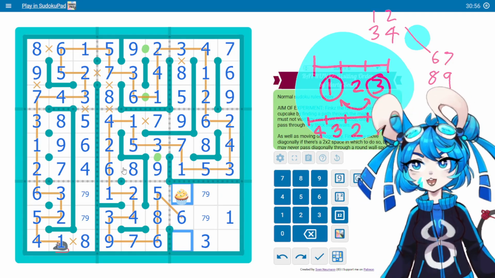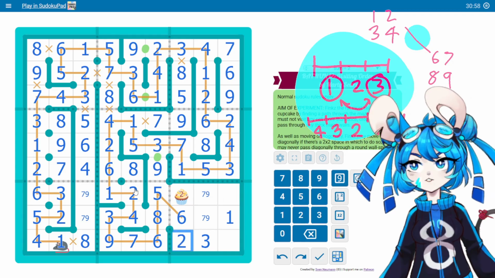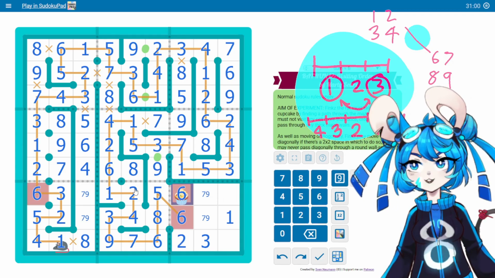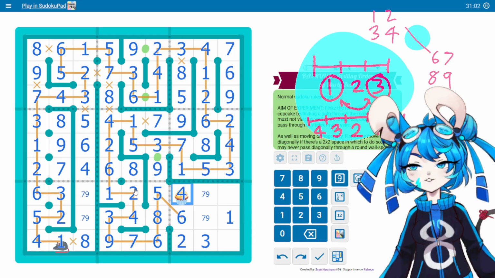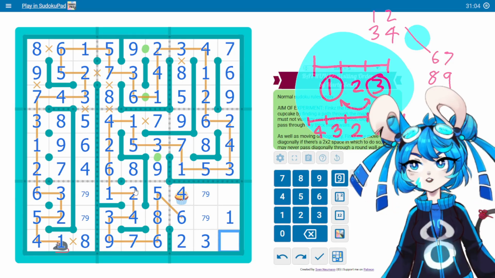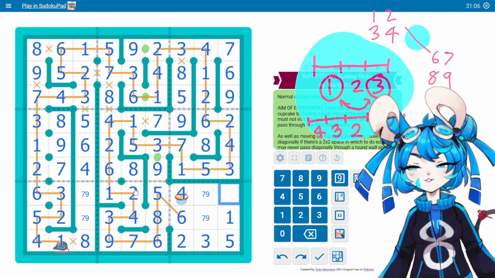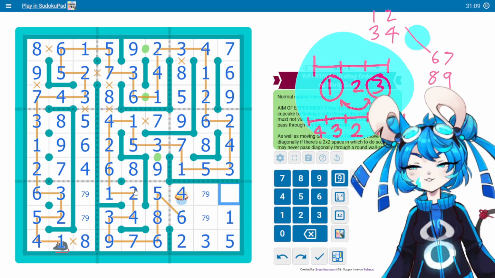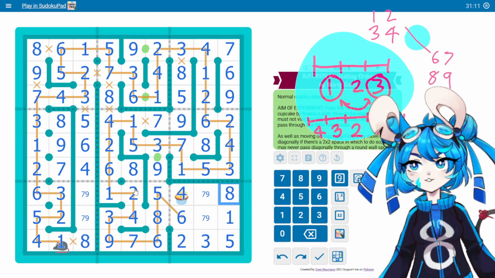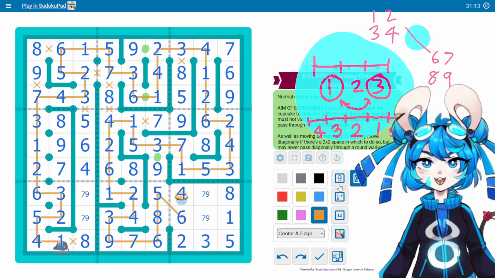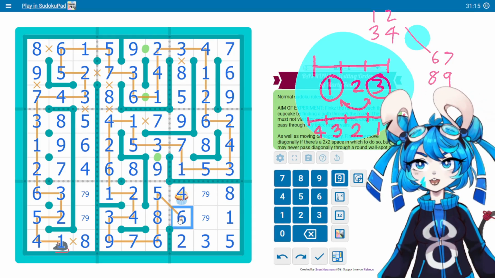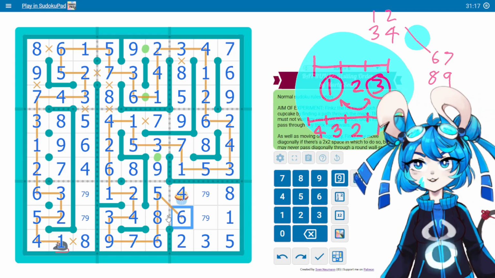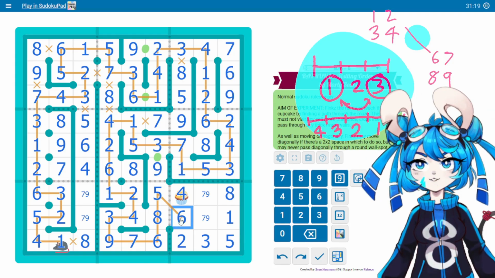So these two digits are 2 and not 6. 4. This digit is 5. This digit is 8. So the path tells us that the 6th step has to be the 1.